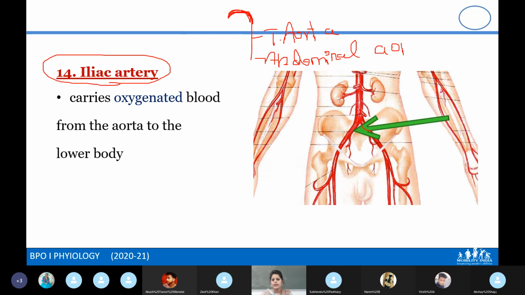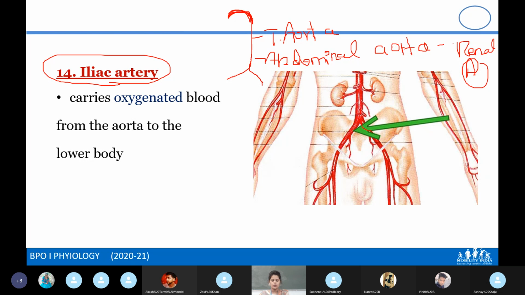From the abdominal aorta, that main artery divides again into branches that supply the stomach, the liver, and different organs. One of the main divisions is to the kidney, called the renal artery.